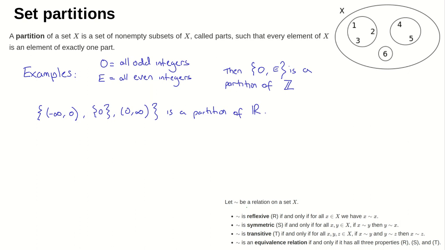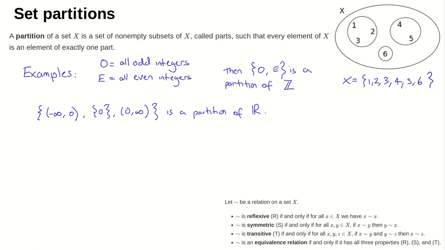Okay, and the next example comes from this picture which I've drawn up here on the right. This illustrates a partition of the set X, which consists of the numbers 1, 2, 3, 4, 5, 6.